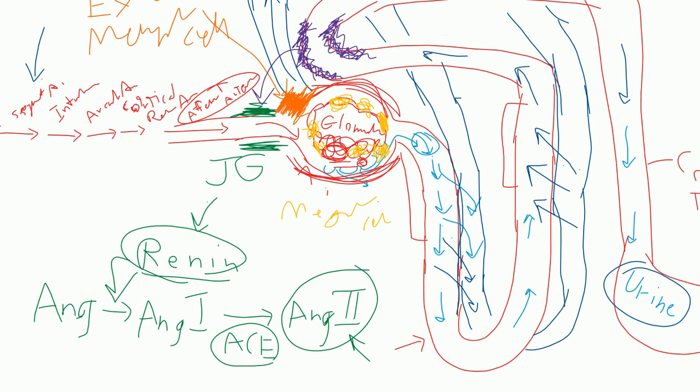You with me so far? Cool. And if you continue with the opposite scenario, say you have too little of the content in this area, and the filtrate that comes into this area where you have the macula densa is hypoosmotic filtrate, meaning you've got urine that's a little bit too dilute. There's too much water in this area, meaning the flow here goes a little bit too slow.